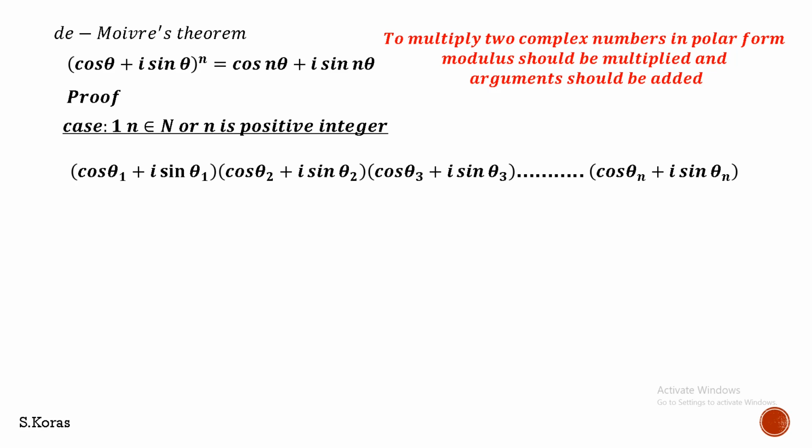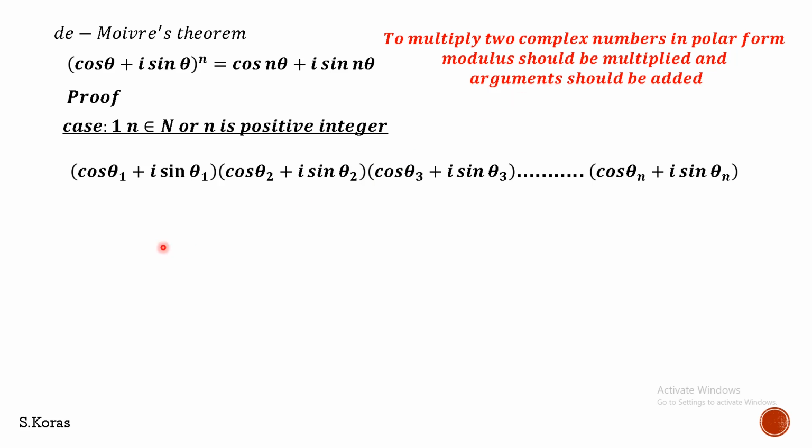So to multiply two complex numbers in polar form, the method says modulus should be multiplied and argument should be added. To multiply all these complex numbers, simply we have to multiply their moduli, but here all have modulus 1. Nothing is before the brackets. So there is no need of worrying about modulus. So just we have to think about the arguments.